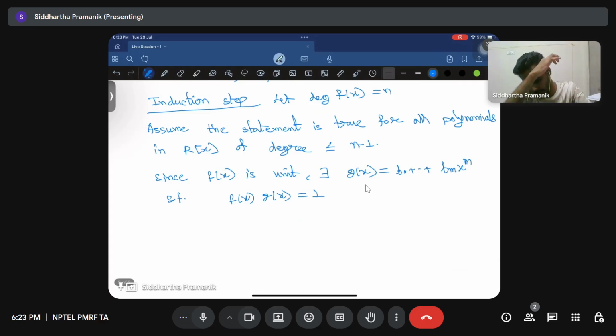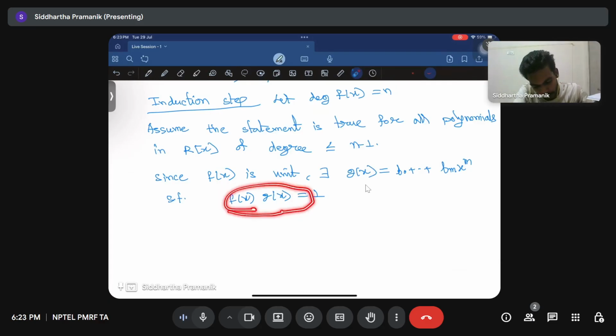Now what is the product in terms of the coefficients? What is the leading term? The leading term will come from the product of the leading term of g and the leading term of f, so the leading term is an times bm.